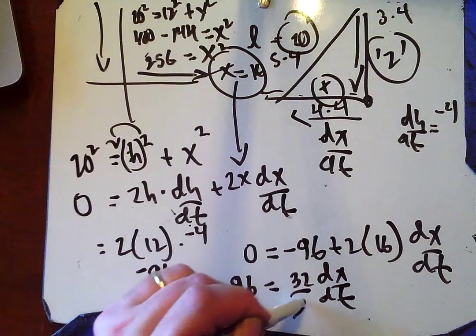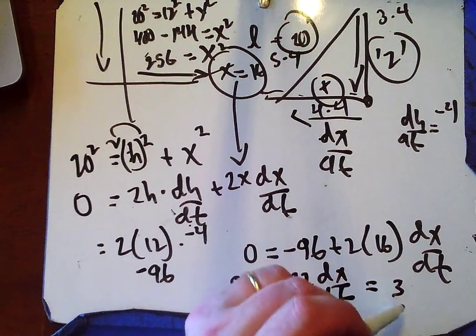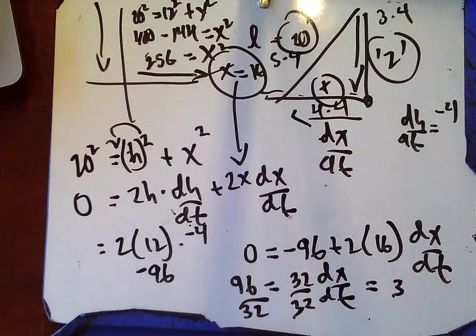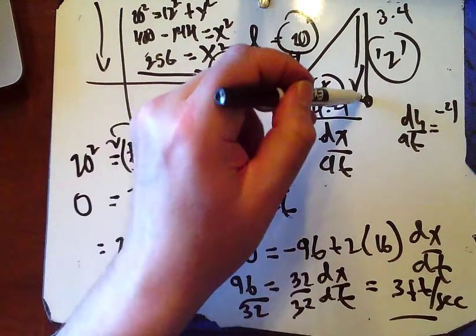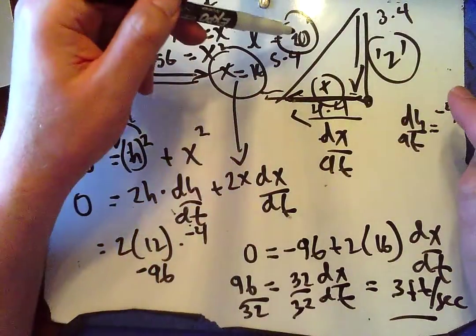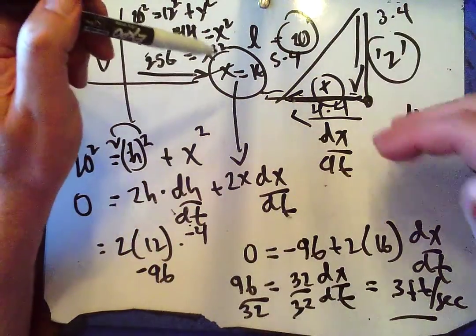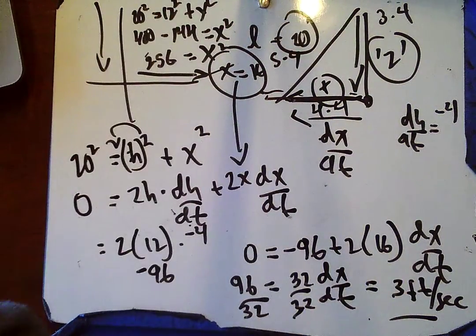And if I divide by 32, I see that dx dt is equal to 3. I believe these are feet per second. All right, the ladder is sliding out at 3 feet per second when this 20-foot ladder is sliding down the wall. All right, that was 9.